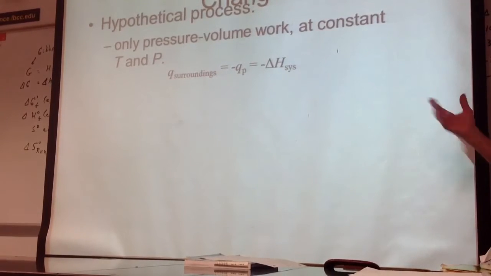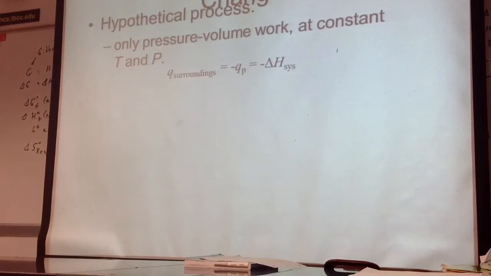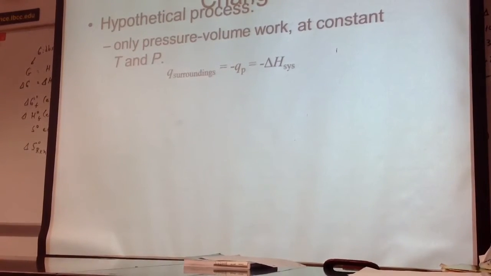Losing heat, put a positive number for the system, but the minus in that definition says the surroundings has the opposite sign. Okay? Question? And that's Q sub P, because that's what we said for the definition of delta H a long time ago.